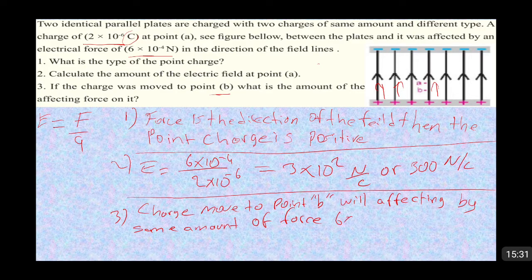It means 6 multiplied by 10 power negative 4 Newton in the direction of the electrical field.